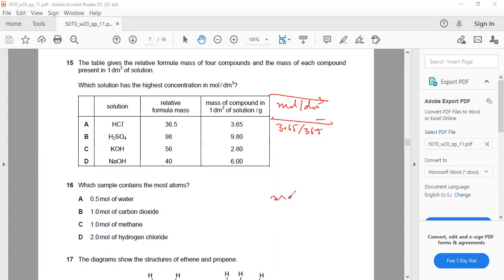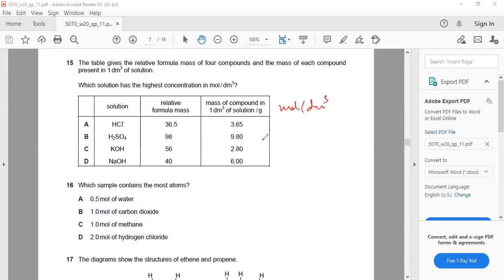Why? Mass divided by formula mass or molecular mass. This is mole, right? 1 dm cube is common. It means mass in 1 dm cube is given. If you divide by Mr, it will be in mole per dm cube. So concentration you have to find.